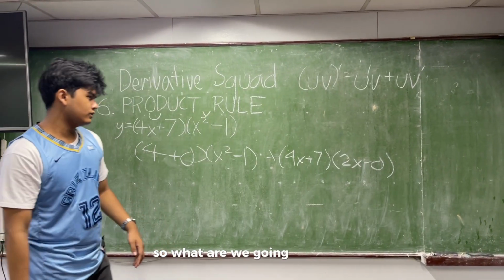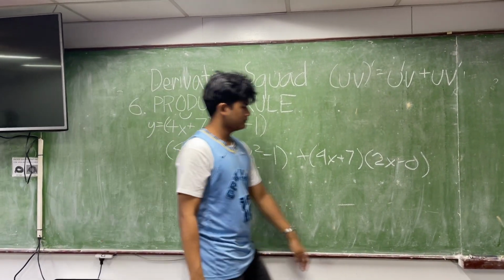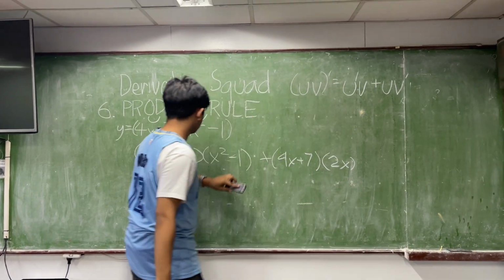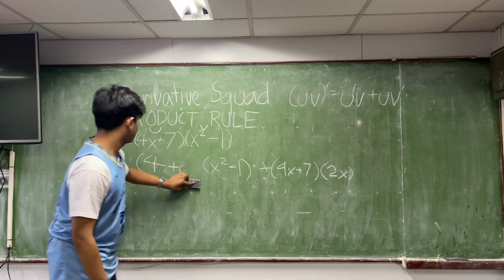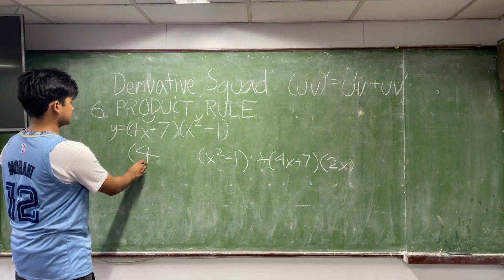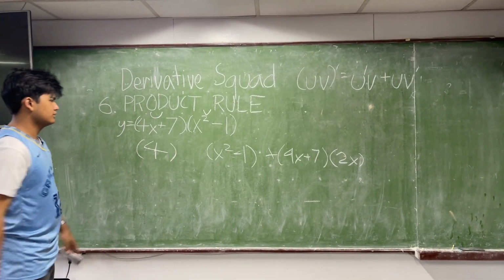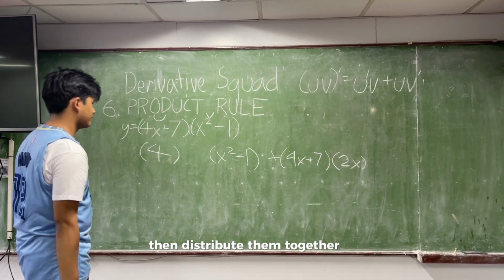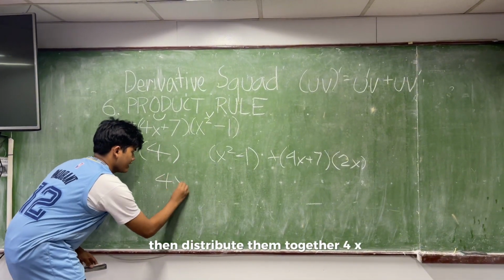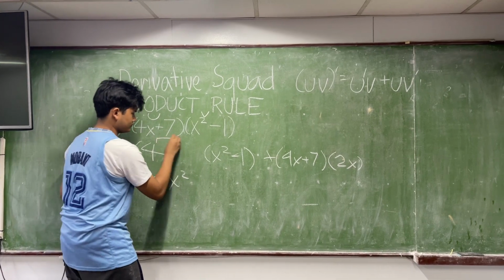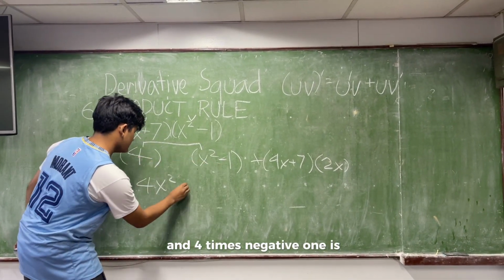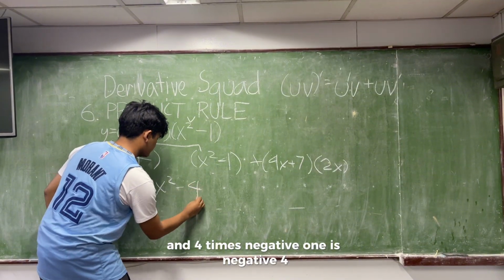So what are we going to do here? We're going to erase the 0, leave it as is. Then distribute them together: 4x squared and 4 times negative 1 is negative 4.